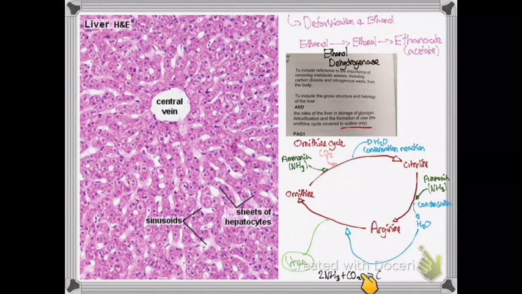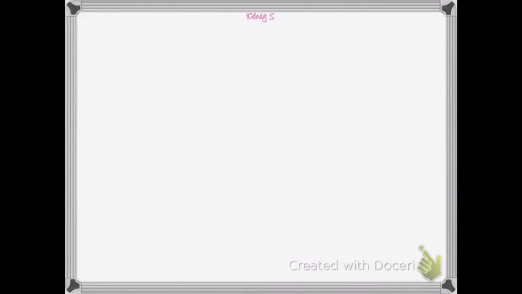This is sort of like a general equation of what's happening here. 2 ammonia and 1 CO2 produces our urea, CONH2, plus water, a net of 1 water. But also that equation, you can't really use equations when there's a cycle, because there's more than one reaction happening. I think I'm going to pause the video there.